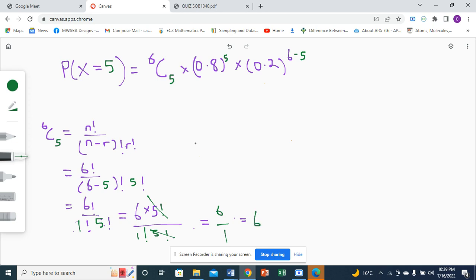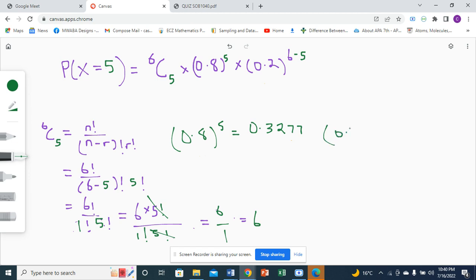All right, 0.8 to the power 5. Get our calculator. 0.8 to the power 5 is 0.32768. We just end it at 0.3277 here for decimal places.